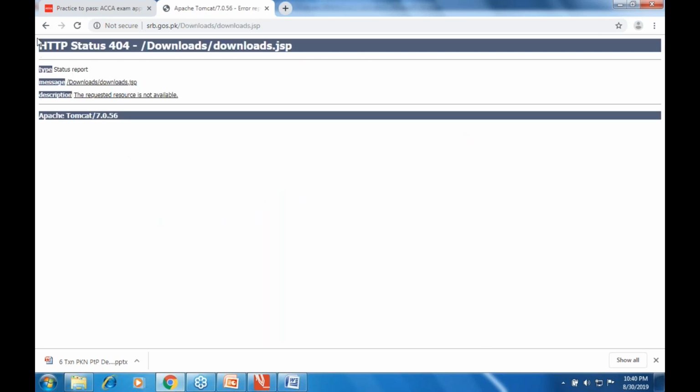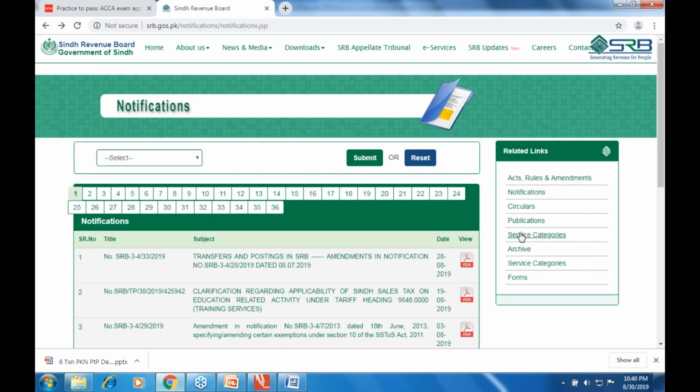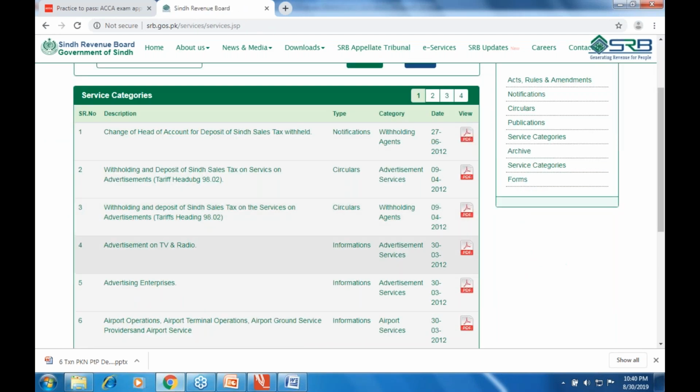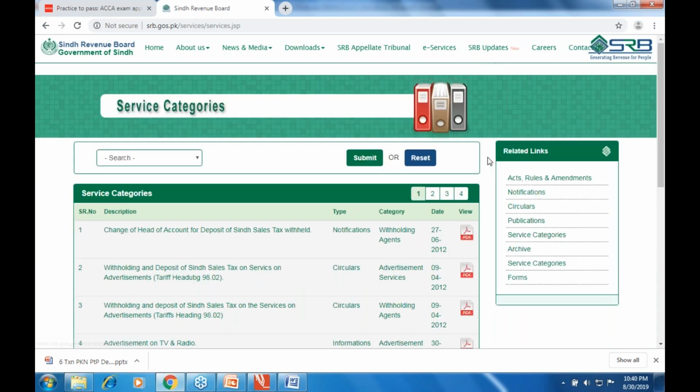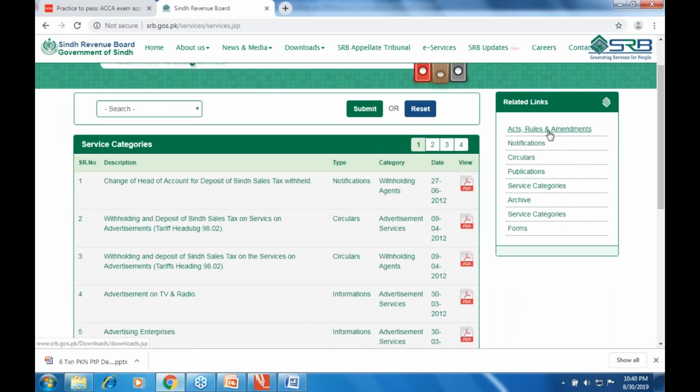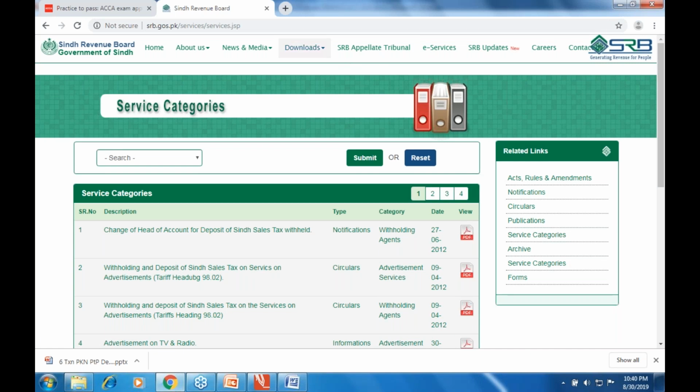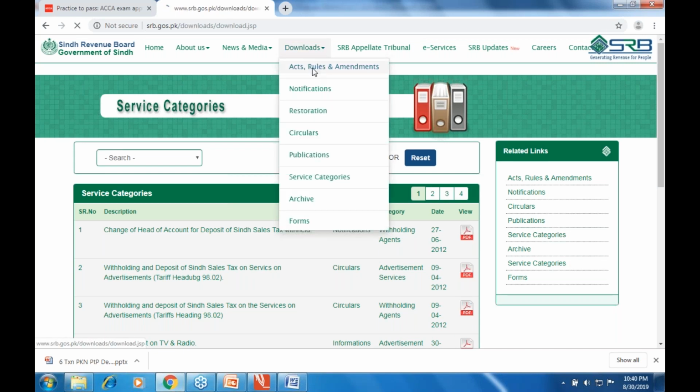If you look at this SRB website, you could go into the service categories here. There's a long list of services. Unfortunately, I'm not able to open these acts and rules. Otherwise, I would have opened it up and demonstrated what the services are.